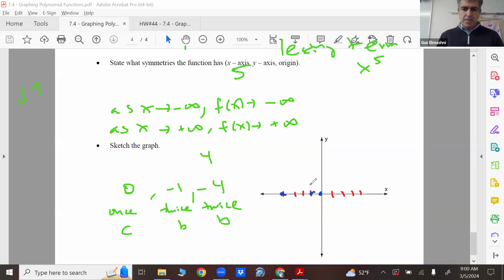Yeah, those are x-intercepts. And the arrows go like this.